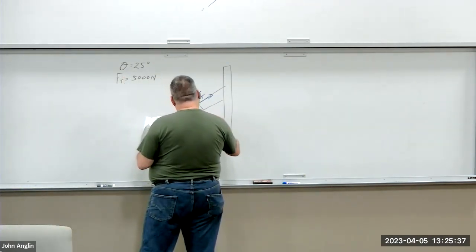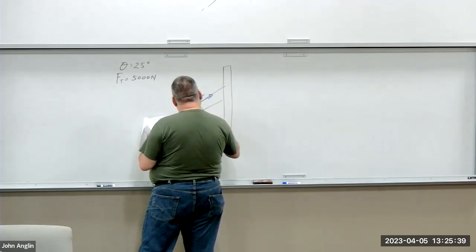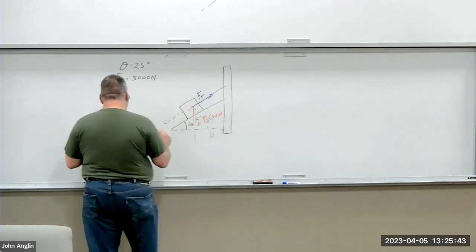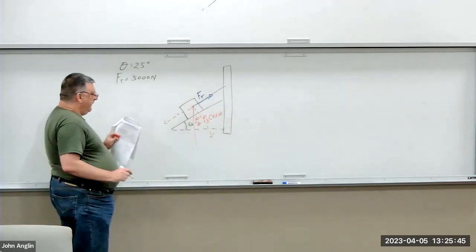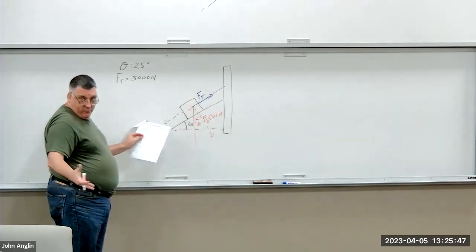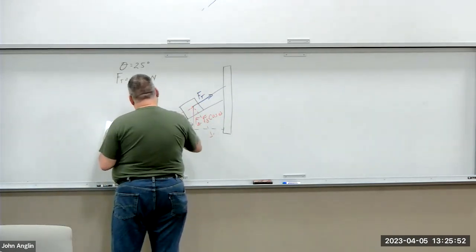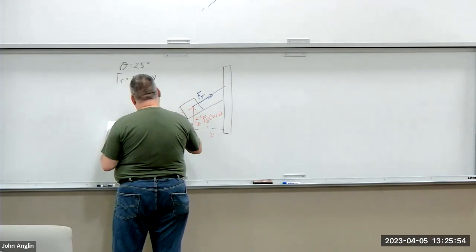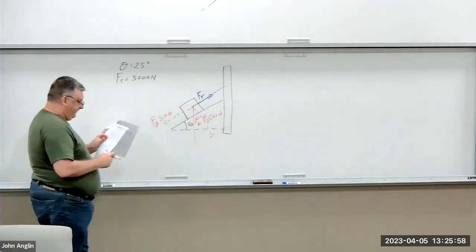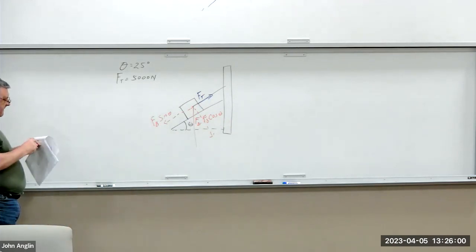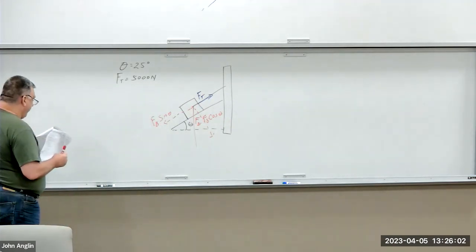This has got to be our FG cosine of the angle. Remembering our inclined plane problems and respecting the trig, this has to be FG sine theta. So there's our free body diagram.